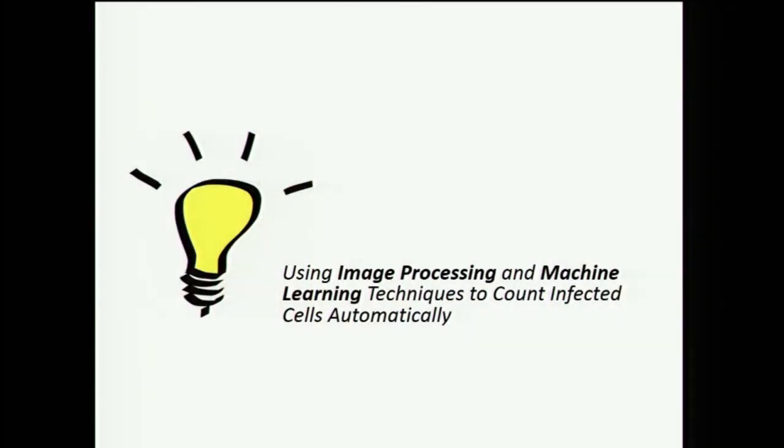So this is all costs that we want to avoid, and automation can help here, we think. So our idea is to use image processing and machine learning to do the counts automatically. This is where our expertise is. We are image processing guys, and with a lot of background in machine learning, so we want to automate that.